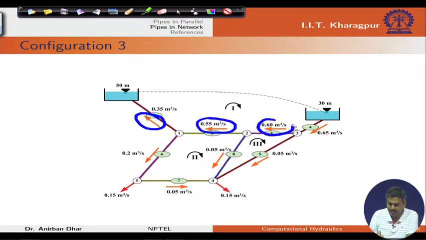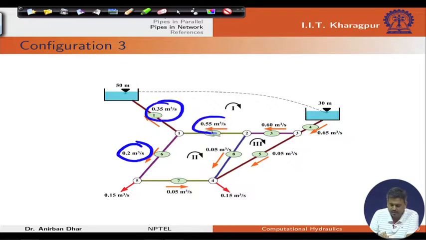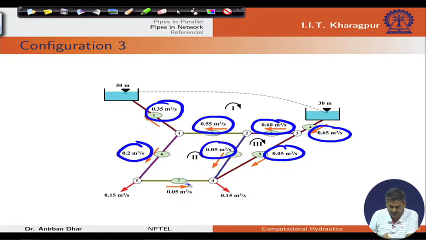These are the values which I have got while specifying the discharge by maintaining discharge continuity at the junctions. So, these are assumed values to maintain the discharge continuity at the junction itself.